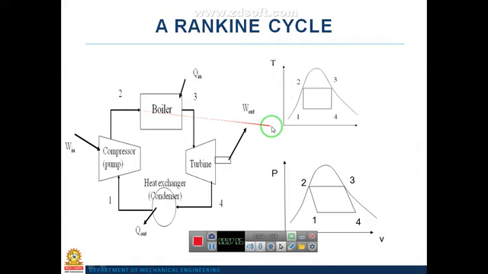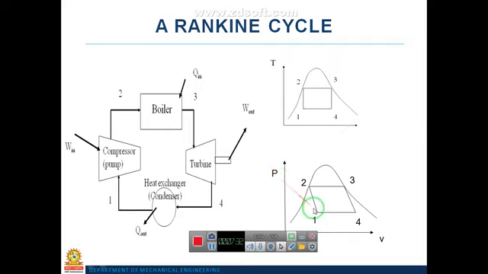From 2 to 3 is the constant pressure heat addition in the boiler, and 3 to 4 is the isentropic expansion in the turbine. 4 to 1 is the condenser. Okay, this is the TS diagram.